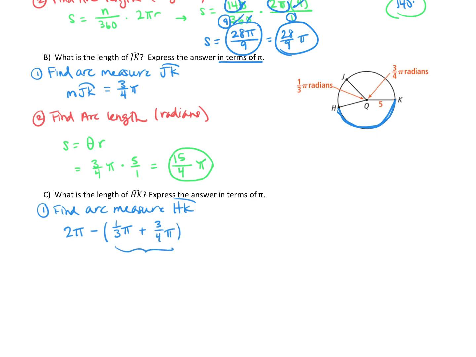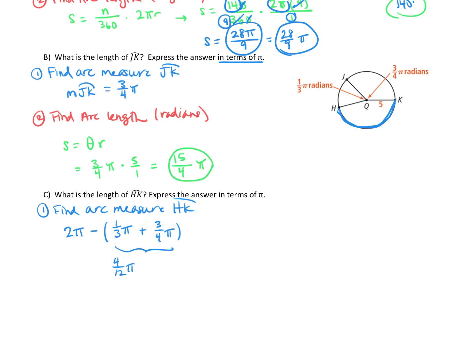So if we focus on this, I can see fractions. It's always good to talk about fractions. I know we can type this into our calculator, but if we have 1/3 pi and 3/4 pi, we have a 1/3 and a 3/4. Why don't we get that up to 12s? Let's talk in terms of 12s. So 1/3 is the same thing as 4/12 pi.